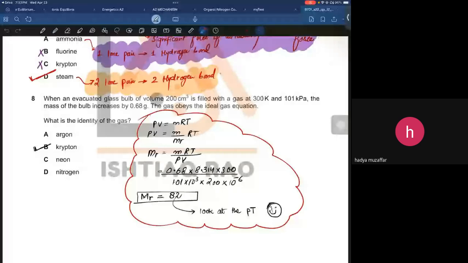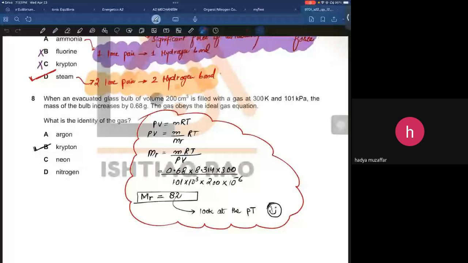So I have these options: krypton, neon, then nitrogen. I remember argon is 36, and neon is 20, and nitrogen is 28. Of course, they're not with this answer. So there is one and only option, that is krypton.